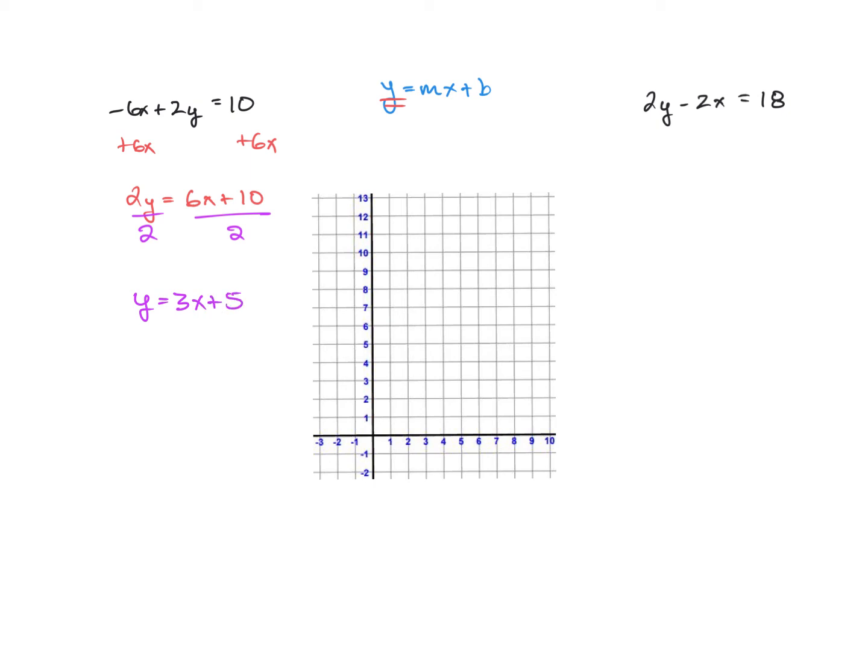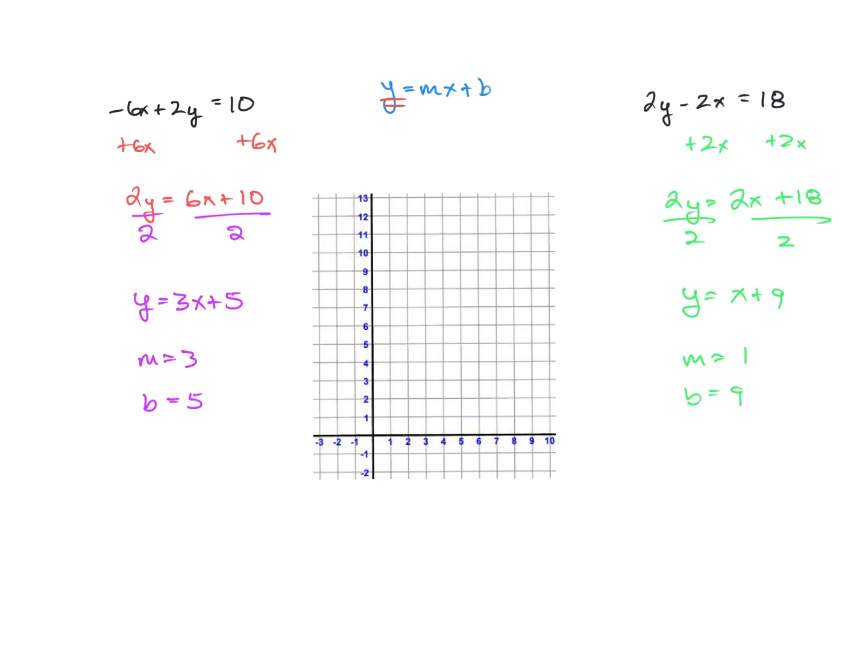Now we have that slope as 3 and y-intercept as 5. And we could do the same with this one. Let's move our x. 2y is equal to 2x plus 18. Then we divide both sides by 2, and we have y equals x plus 9. Again, we have a slope of up 1 over 1 and a y-intercept of 9.